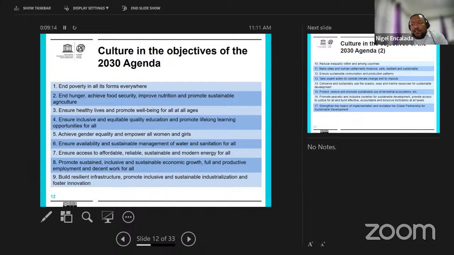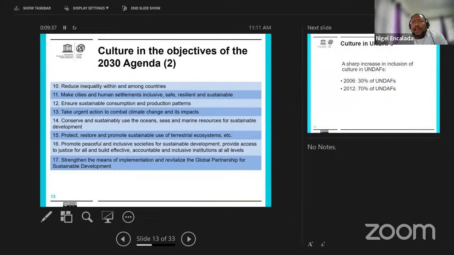Build resilient infrastructure, promote inclusive and sustainable industrialization and foster innovation. Some people say there's nothing new under the sun when it comes to innovation. What skills, traditional skills, can be brought forward for innovation? Where does ICH fit into that?